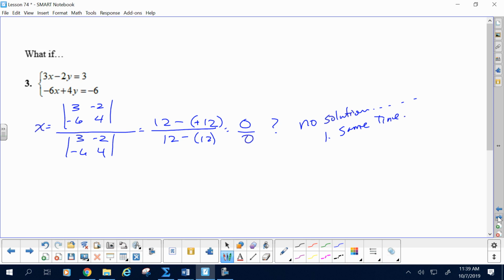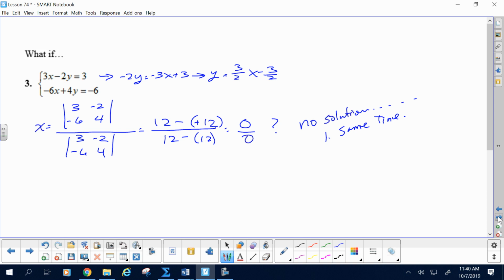If you were to put this in plain old solve-for-y form, you would say negative 2y equals negative 3x plus 3. So that means y is 3 halves x minus 3 halves. That's slope-intercept form, you follow?